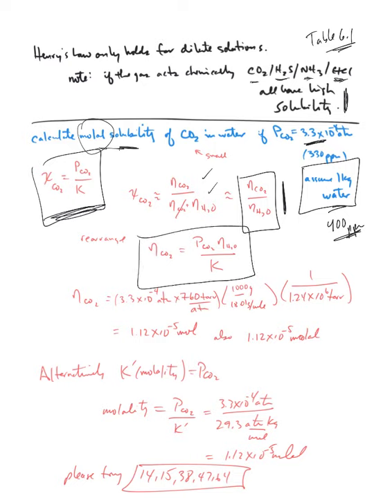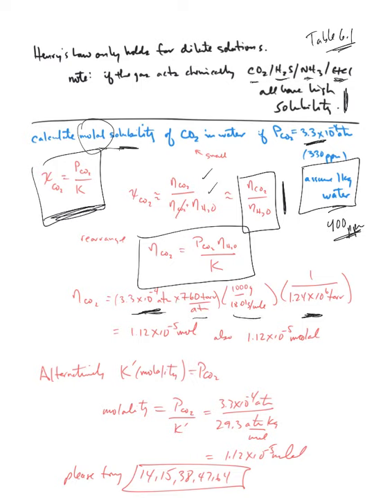So the number of moles of CO2 that are dissolved in the 1 kilogram of water will give us the mole solubility. So I take the partial pressure and I convert to the correct units. The constant is in torr, so I basically took my atmospheres and converted it to torr.